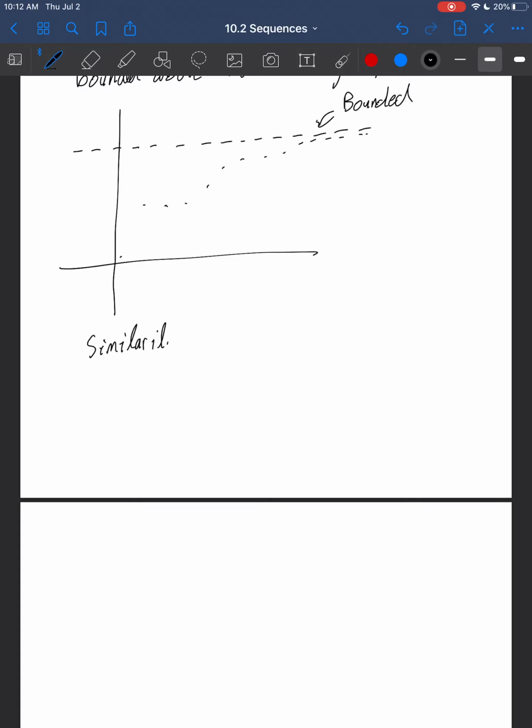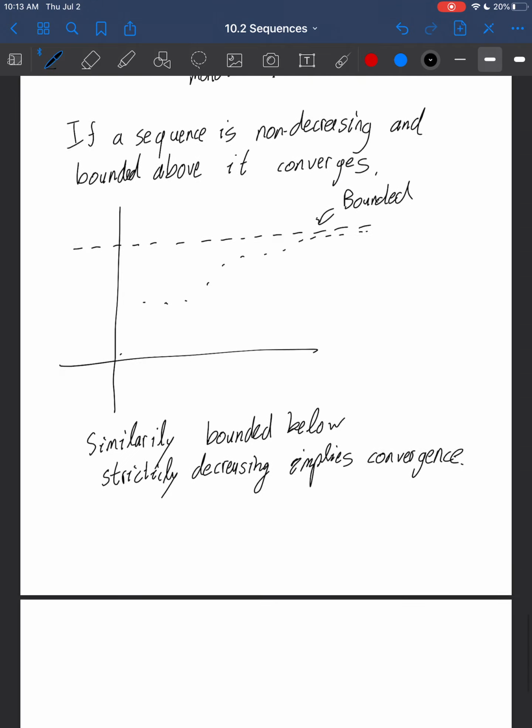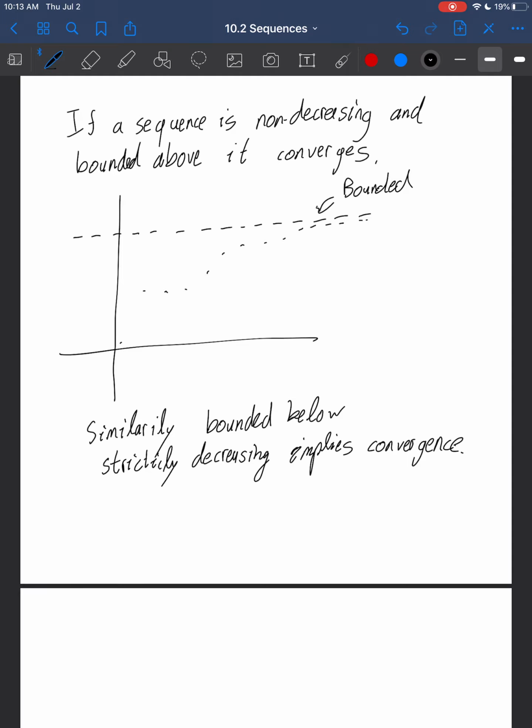So similarly, bounded below and strictly decreasing also implies convergence, which is just kind of the opposite of this picture I've drawn up here. Okay.